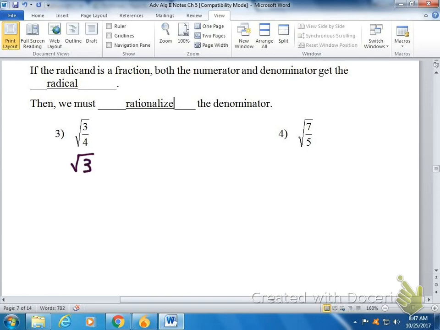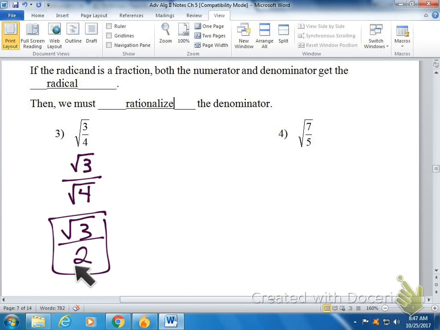After we put the square root of the quantity 3/4, we put the square root of 3 divided by the square root of 4, and recognizing that the square root of 4 is a perfect square, it becomes 2. When the denominator becomes an integer, we don't need to rationalize the denominator.